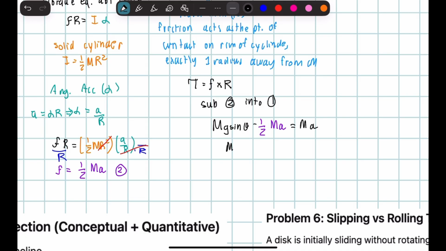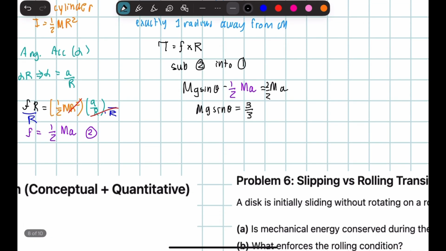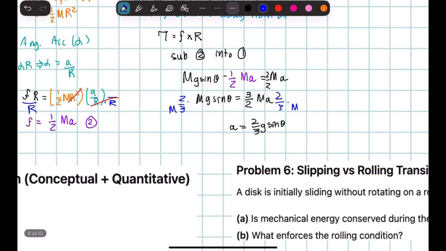And you're going to have mg sine of theta is equal to 3 over 2 ma, because this is basically 2 over 2 plus 1/2. And now solving for just the acceleration is going to be 2 over 3 g sine of theta. And to prove that, this is 2 over 3 times 2 over 3 divided by m, and that cancels out, and that is your answer.